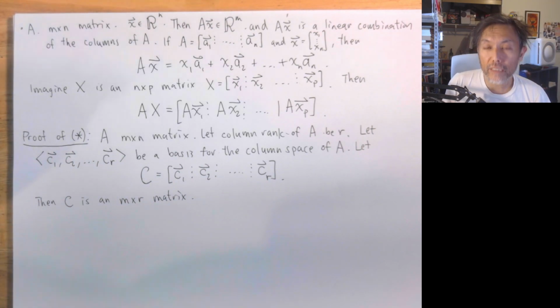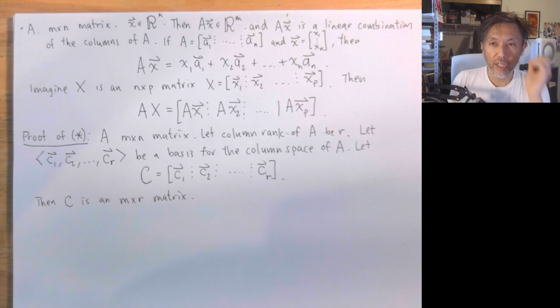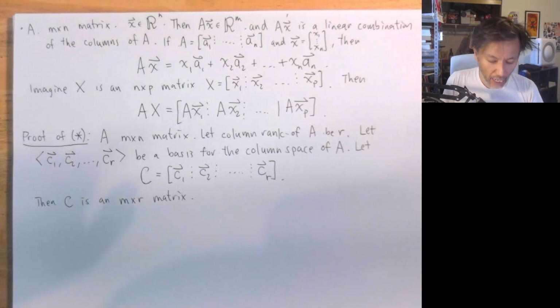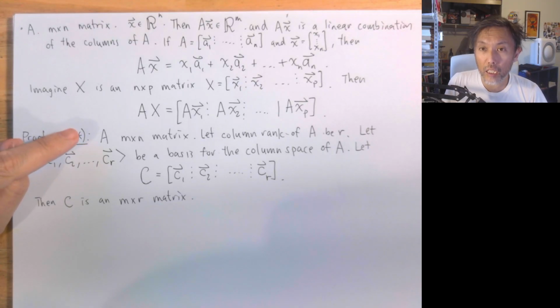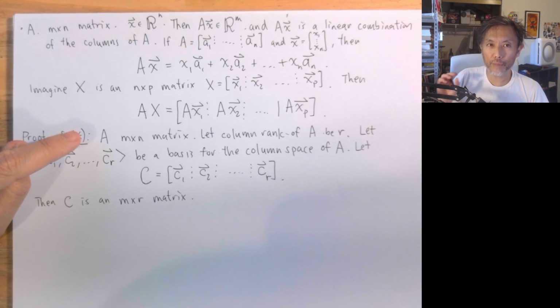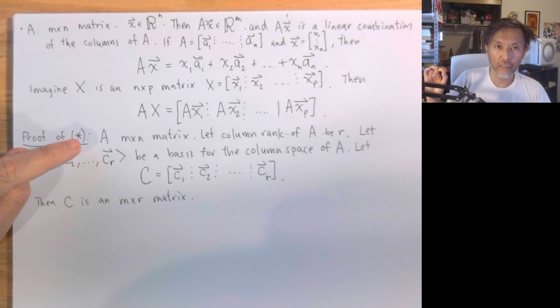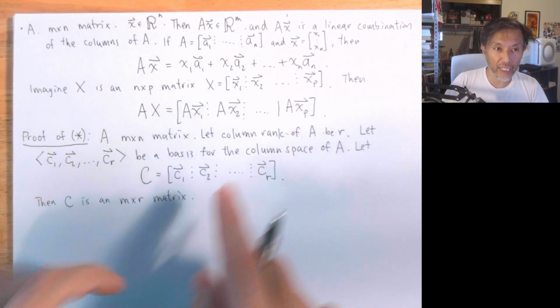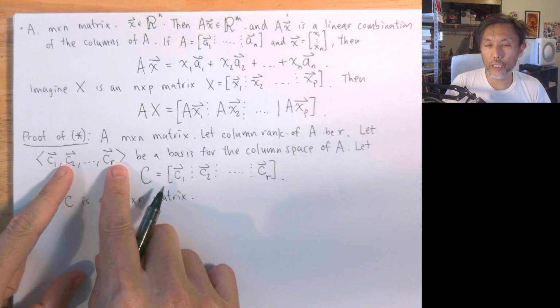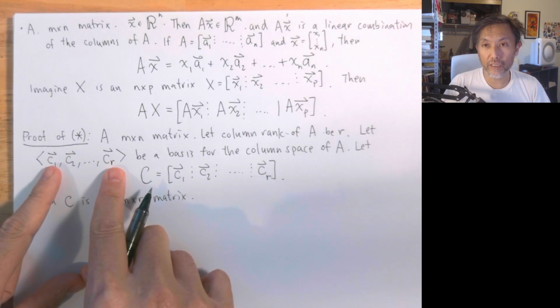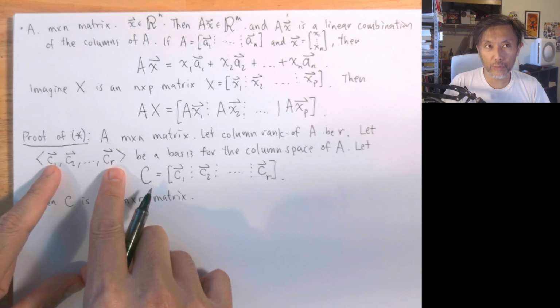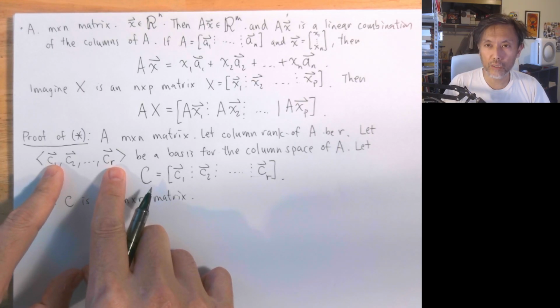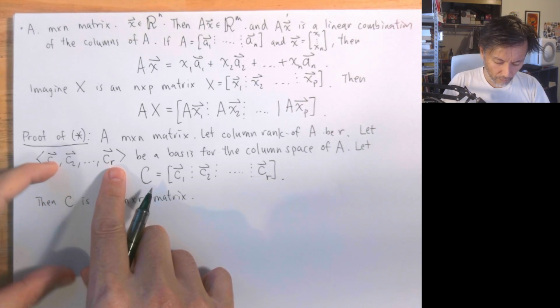Now, this is a basis for the column space, okay? So what we can do is express every column of A. Every column of A can be expressed uniquely as a linear combination of these basis vectors.